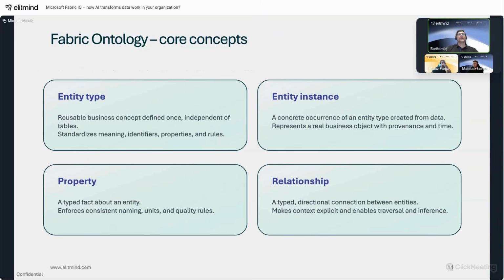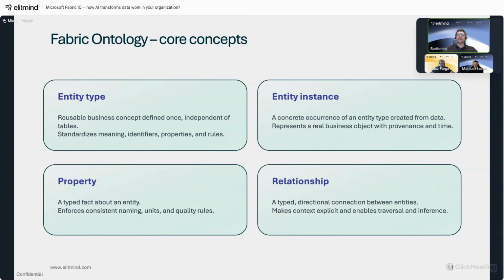Okay, so there are four basic concepts about the Fabric ontology. First, it's entity type. This is the analogy to our table. It's the reusable business concept defined once, which is independent of tables, but is mapped to a table. And it has standardized meaning, identifiers, properties, and rules. Next, we have an entity instance, which represents a concrete occurrence of that concept, so we should think of it like a row of a table.